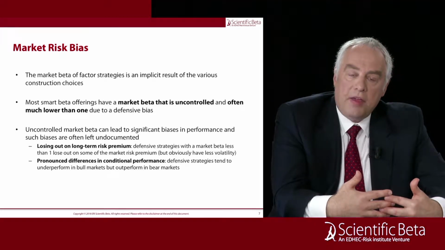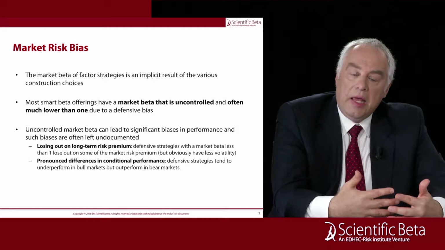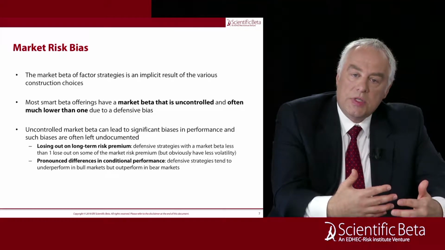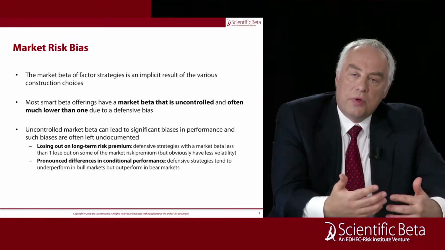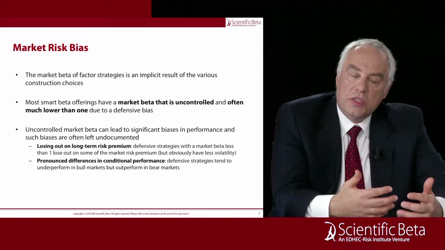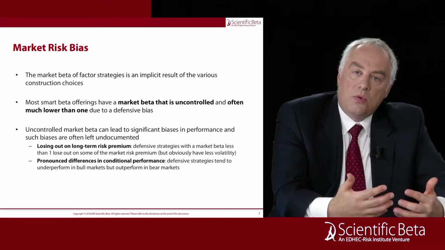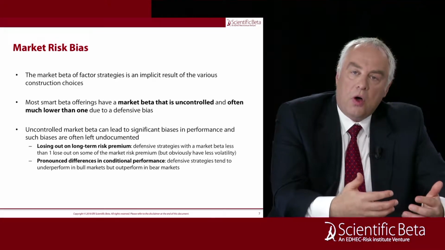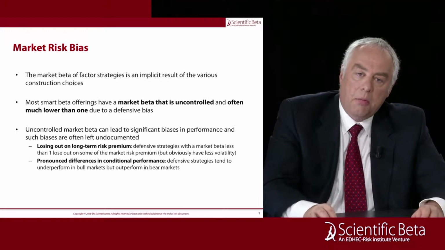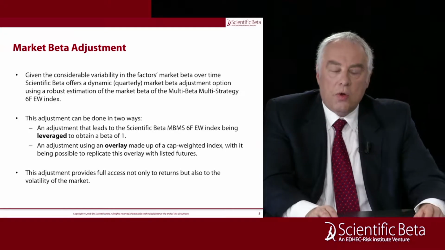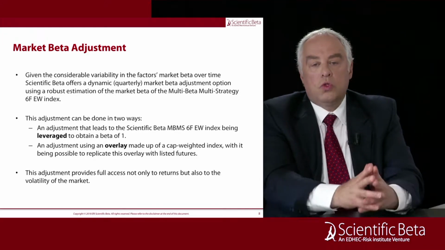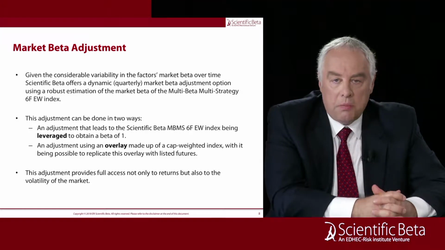And also having a market beta bias, clearly, as we saw in the previous slide, leads to pronounced differences in different market conditions. If somehow you can adjust for that, you can get more stable factor returns across different market conditions, bull and bear markets. So that is why it is important to also think about making a market beta adjustment.